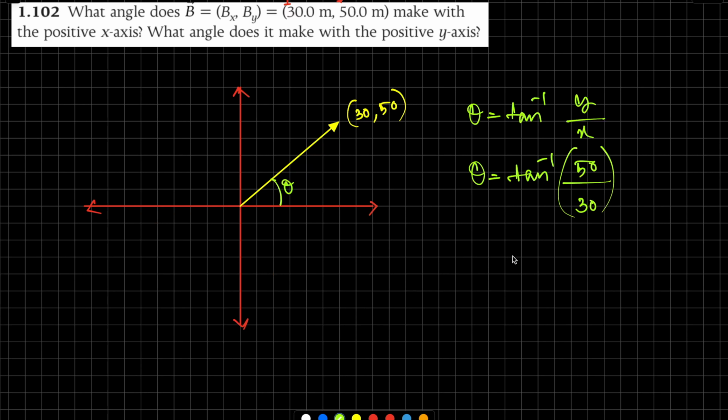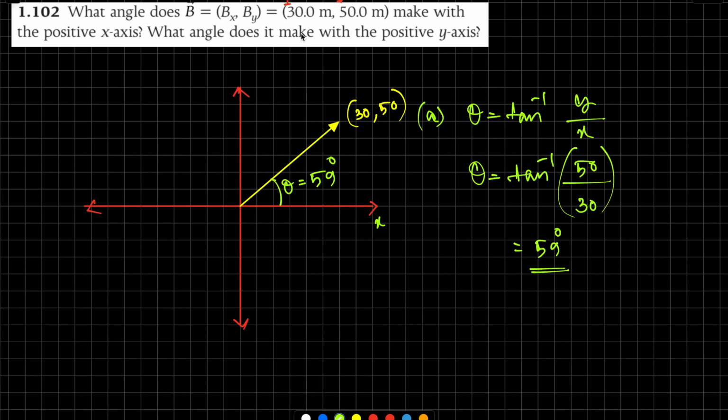So tan inverse 50 over 30 is 59 degrees. So this vector is making 59 degrees with the positive x-axis. That's the angle between the vector and the positive x-axis.